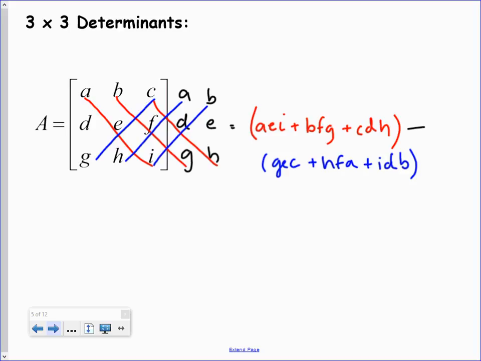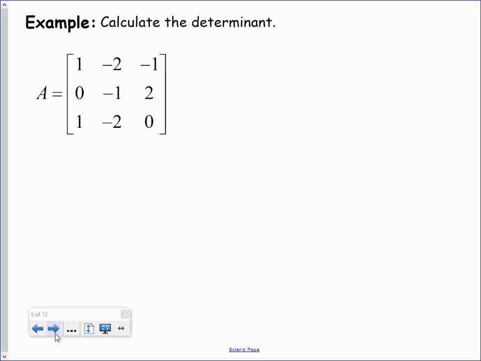So here on these, think about Friday tests. It's going to be no calculator. You're going to have to be very careful with your multiplication. When I do determinants for 3 by 3s, I always draw those lines. And as I draw the lines, I do my multiplication. So let's look at an example of a 3 by 3 matrix. Matrix A is, I'll read the rows here if you want to copy it: first row, 1, -2, -1.